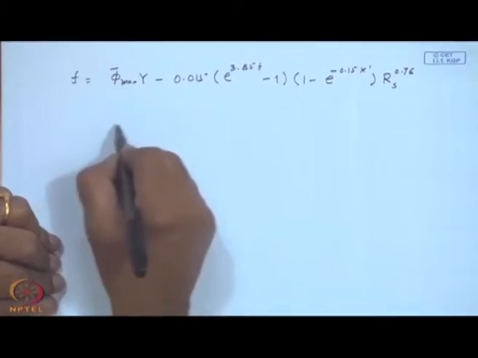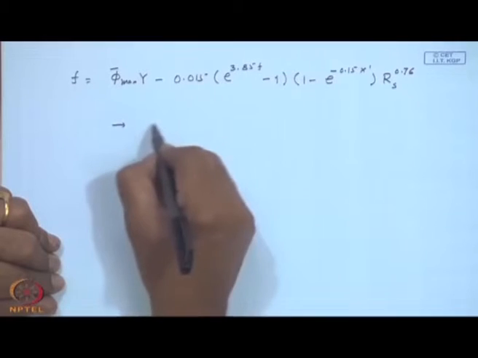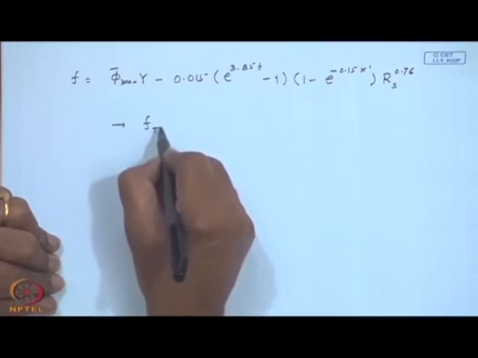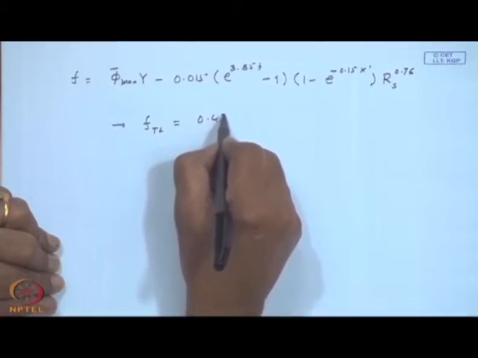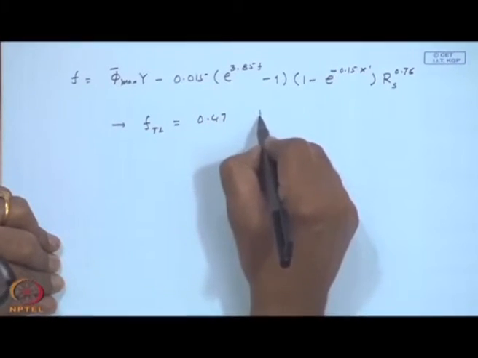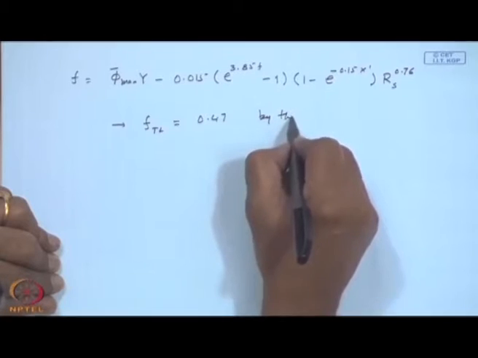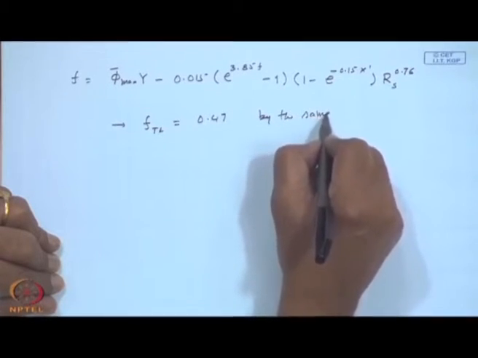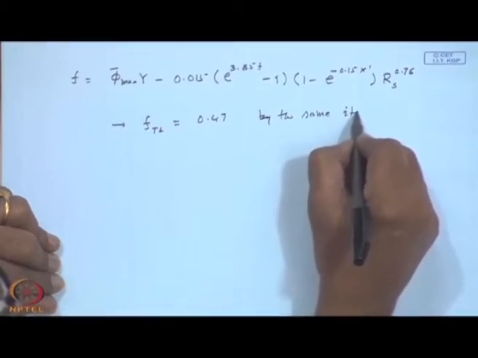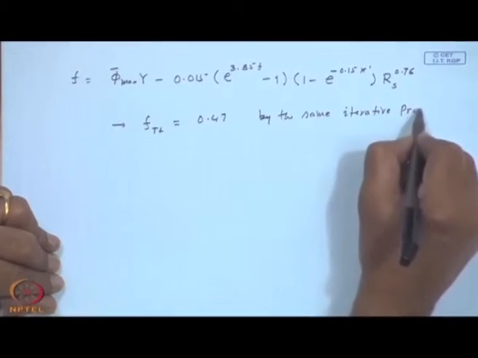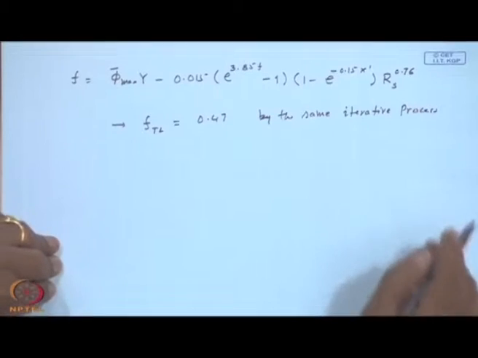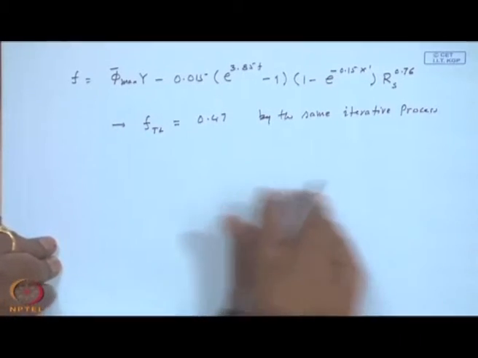So, this will come out to be, now we should call it F T L because it included the tank losses, 0.47. It is by the same iterative process which I have described in the last class.